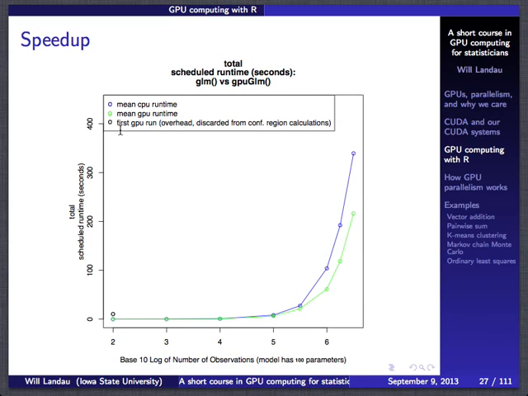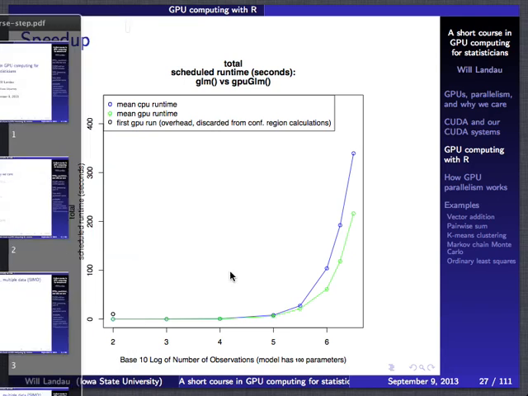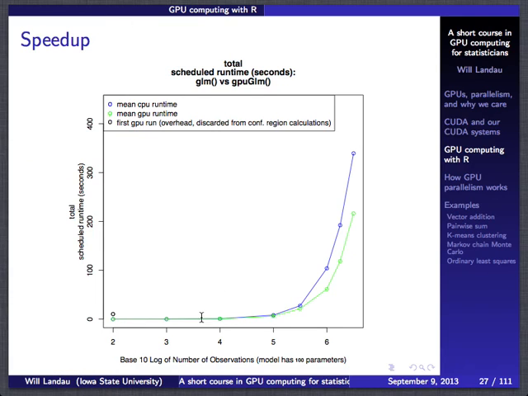So a while ago I tested GLM versus GPU GLM. I calculated the mean run times for a bunch of runs. It's hard to see that green, but I'll show you with the cursor so you can all see, even online. The green line goes about to here. The x-axis is base 2 of the number of observations in your model.